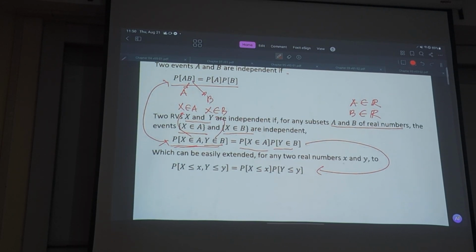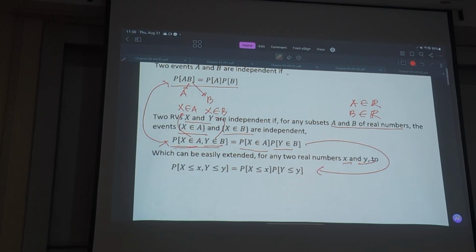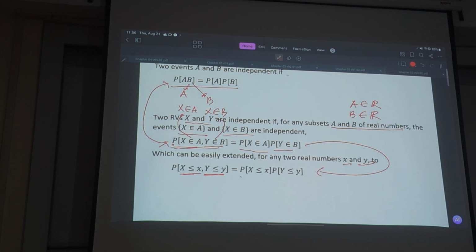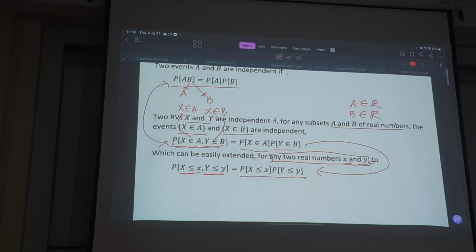For any real numbers, if this is true, then X and Y are independent. If the joint probability that X is less than or equal to x and Y is less than or equal to y is the product of their individual probabilities for any two real numbers, meaning whatever point you set on the 2D xy plane, this relationship has to be true.